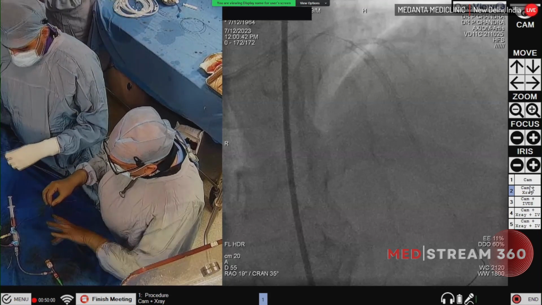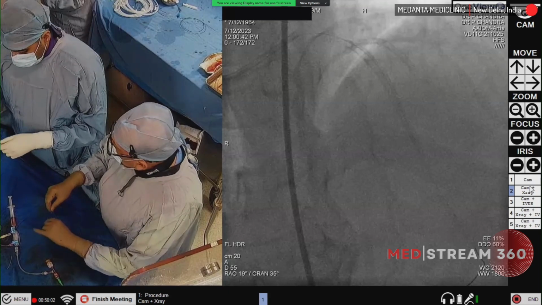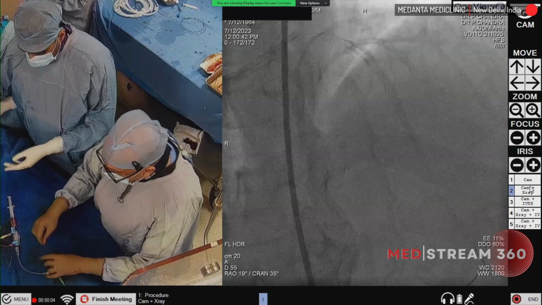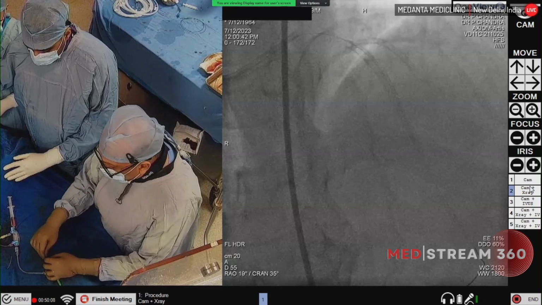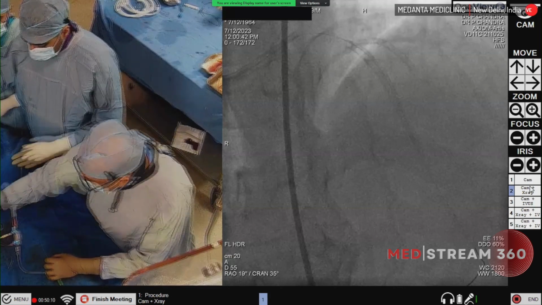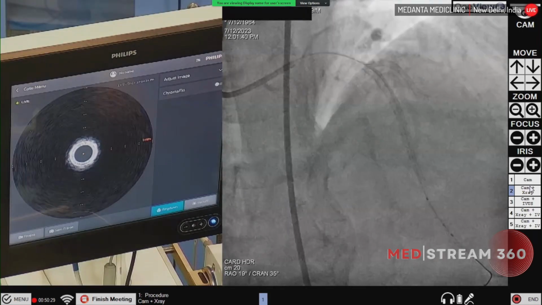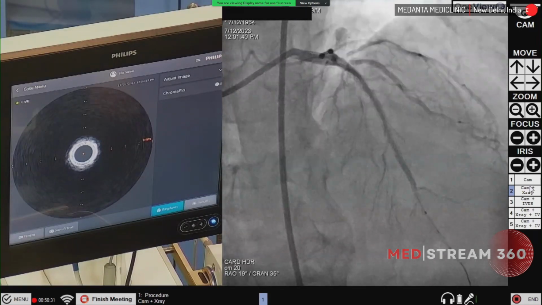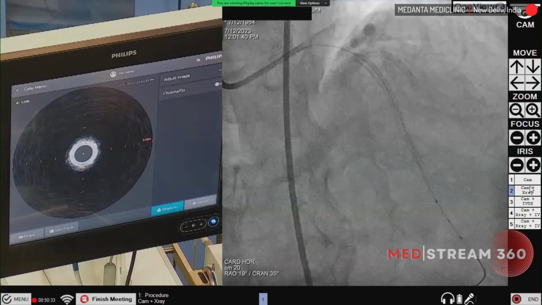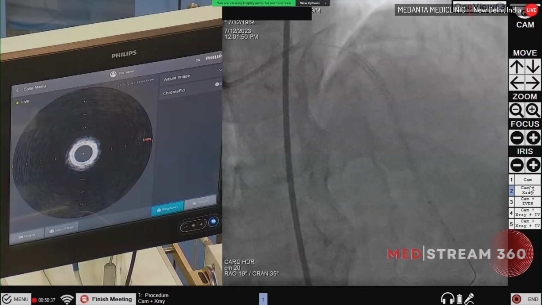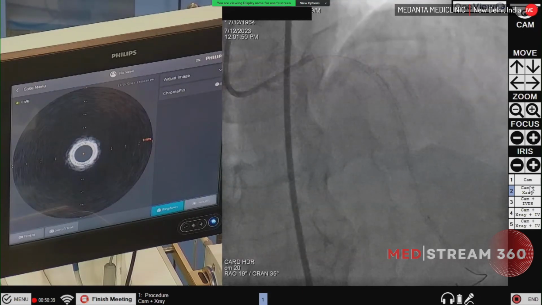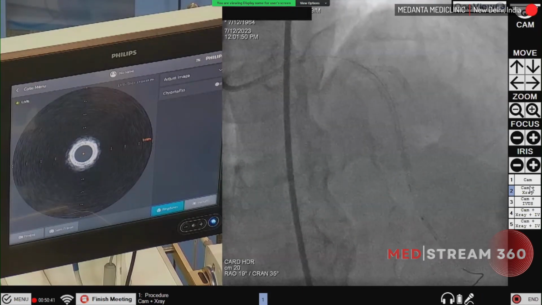And after this, we will do the IVUS to see whether we have treated the lesion well, and then it will be followed by, if everything is okay, a drug-eluting balloon. Because it is so distal, putting another stent may not be a great idea, unless we are pushed to do that. Okay. We go up. 1, 2, 3, 4, 5, 6, 7, 8, 9, 10, 11.